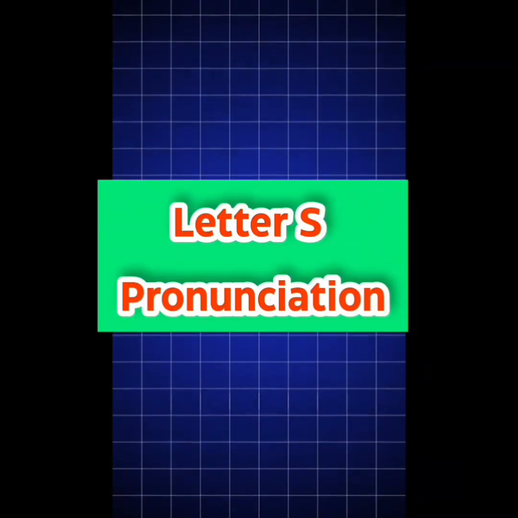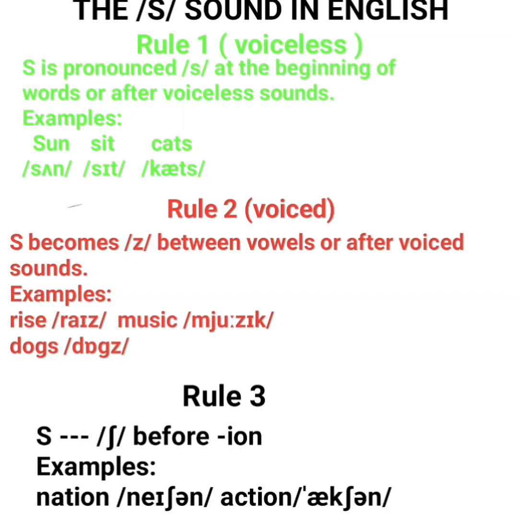To the letter S and the proper pronunciation of letter S. S basically has three different pronunciations. It can be pronounced as S, as we have it in son, sit. It can be pronounced as Z, that will give Z sound, as we have it in music, rise.